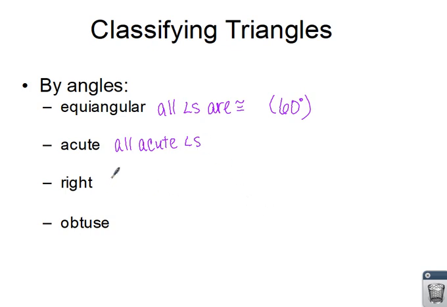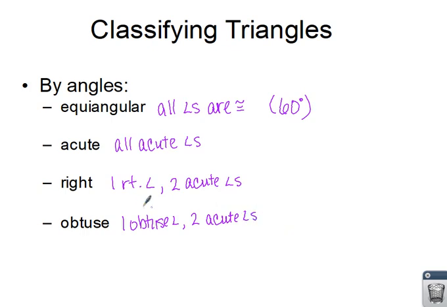A right triangle has one right angle and then two acute angles, because they can't have any obtuse angles if they already have a right angle. An obtuse triangle has one obtuse angle and then two acute angles. This is not new. You guys have done this before, but just a reminder, a little refresher course.